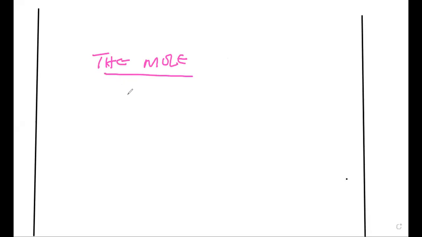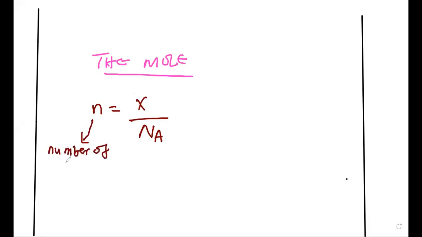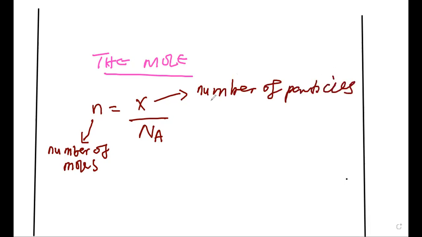Okay, so we just established that the number of moles is equal to the number of particles over the Avogadro's constant. So we are saying this is the number of moles. Then this is the number of particles.